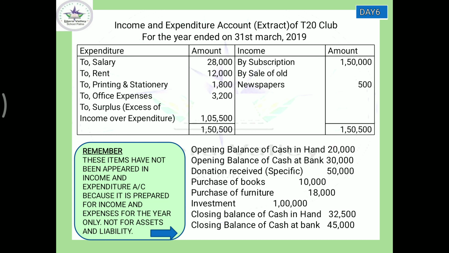Try to solve the question based on the receipt and payment account, where you are asked to prepare the income and expenditure account without much adjustment. Next day we will start income and expenditure with adjustment.